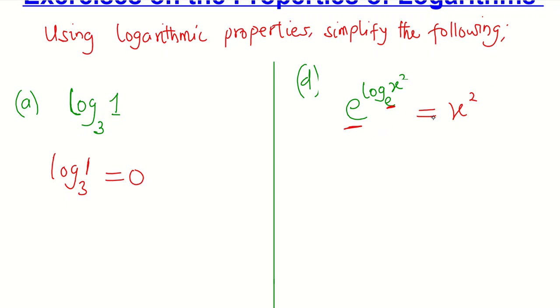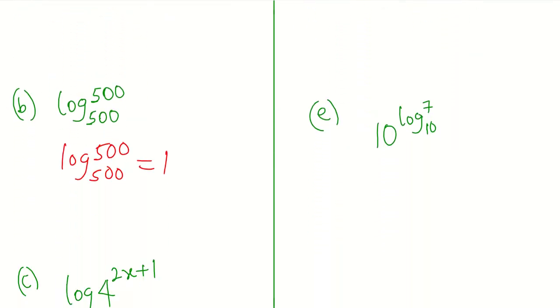That is absolutely fine, which means e to the logarithm of x squared to the base e is going to be x squared. Very simple. Now we continue, and the last one we have 10 exponent logarithm of 7 to the base 10. Once we can see there is the same base here, then 10 to the logarithm of 7 to the base 10 is going to give us an answer of 7, and that is absolutely right.